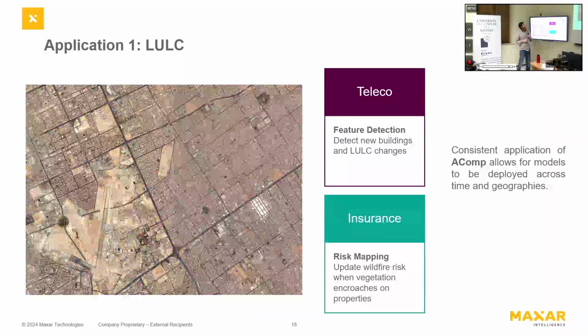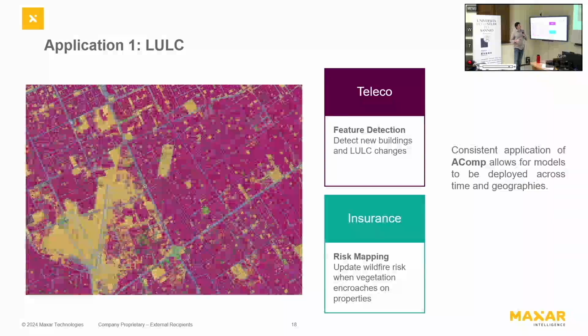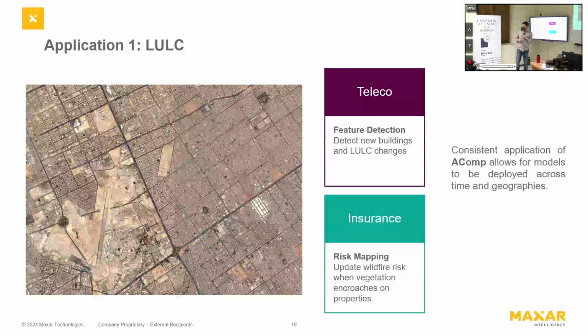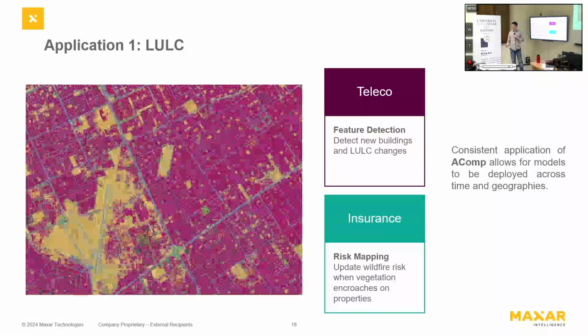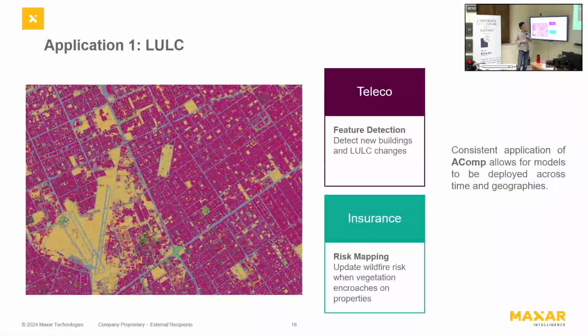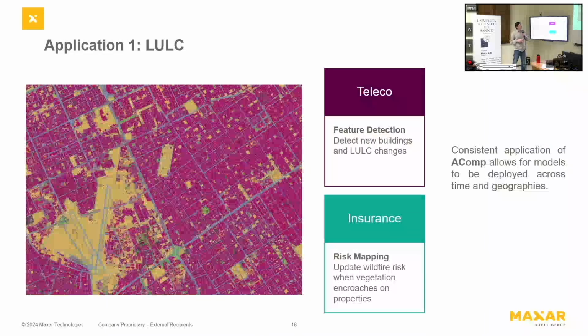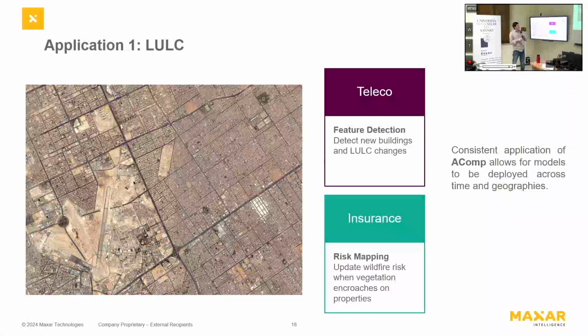Here are some applications now. Land use, land cover. I've seen that so many times through my career. Everyone started doing land use, land cover. But if you're a telecommunication company, what you see here is not really the map itself, but I see buildings here.